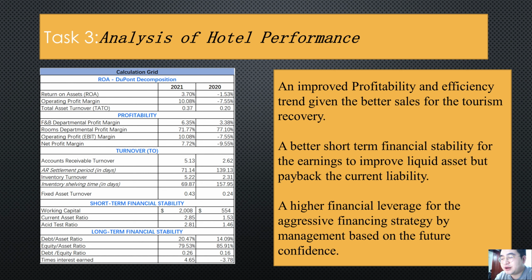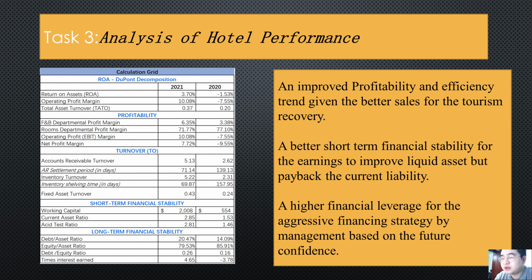So for the long-term financial stability, the target property has a higher financial leverage and gearing trend in the last 2 years, which is reflected by the higher debt ratio values.